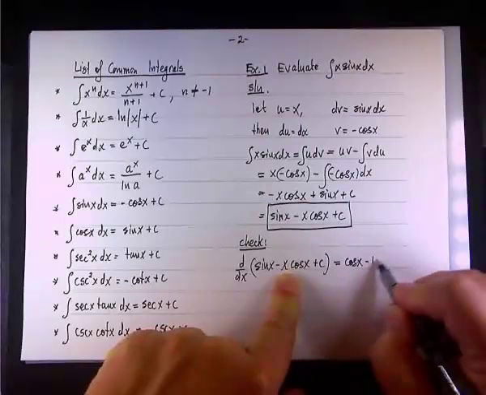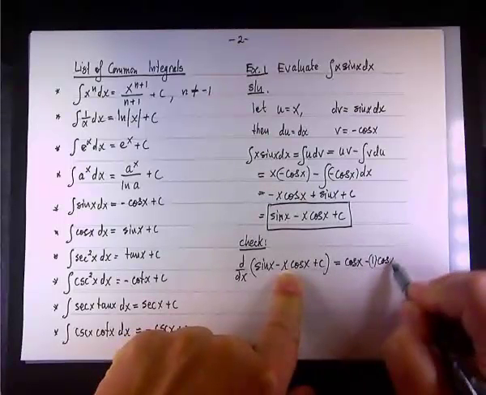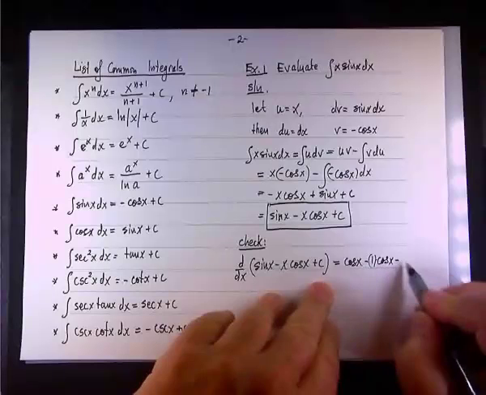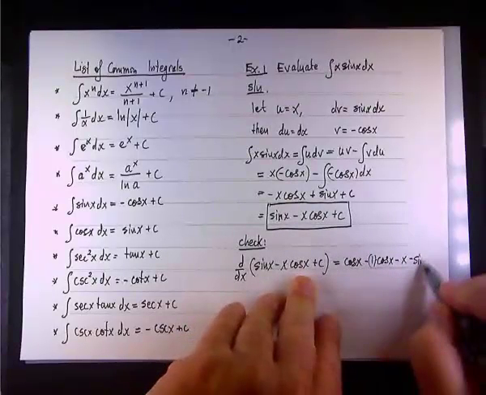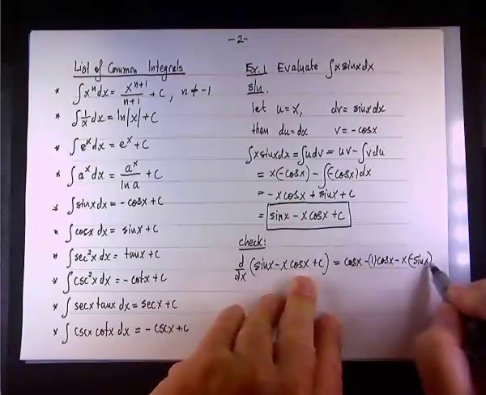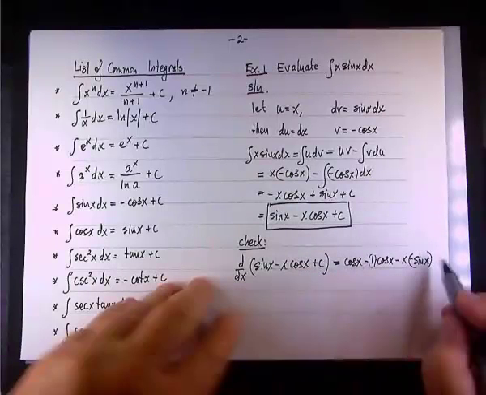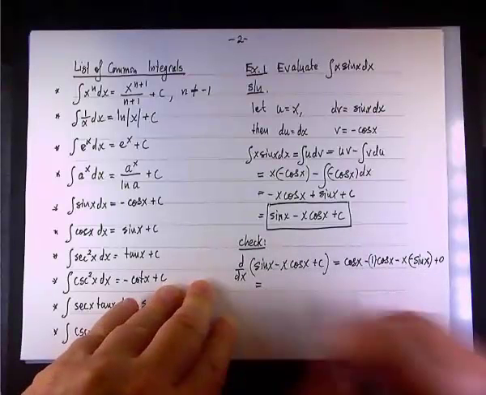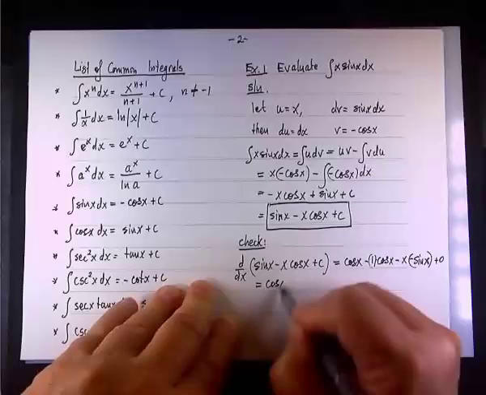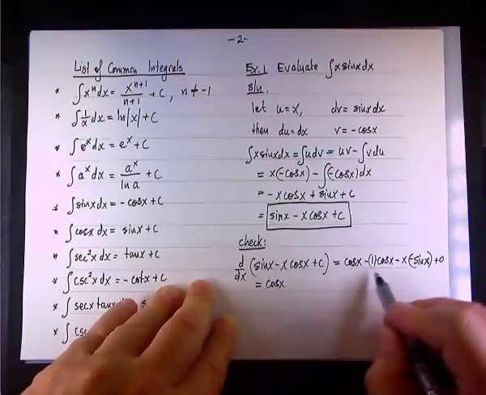So here comes the differentiation. The derivative of the sine is the cosine. And then here we have a little bit of the product rule. The derivative of x is 1 times cosine x, right? Minus x times the derivative of cosine x, which is negative sine x. Plus the derivative of c is 0.